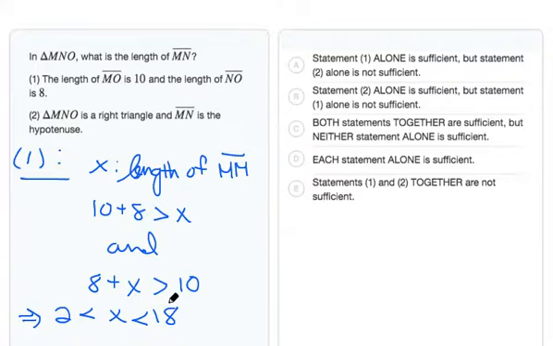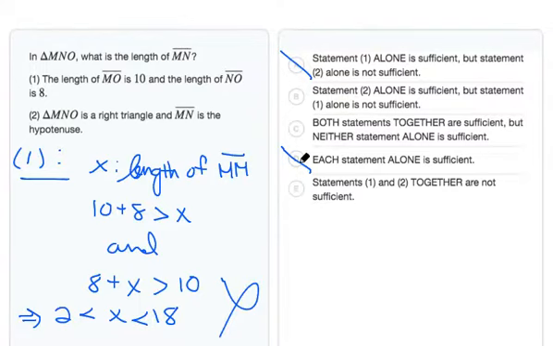This only gives us a range of possible values for the length of MN, not the exact length. Since we can't find the exact length of MN, this statement alone is not sufficient. So we can rule out answer choices A and D, since statement 1 alone is not sufficient.